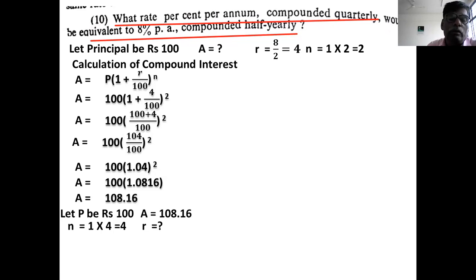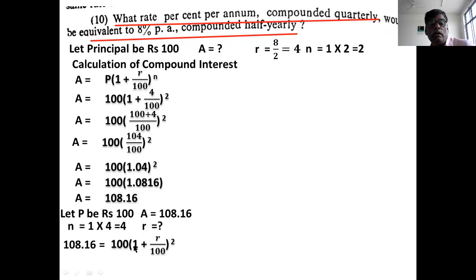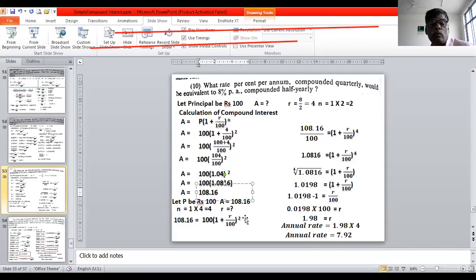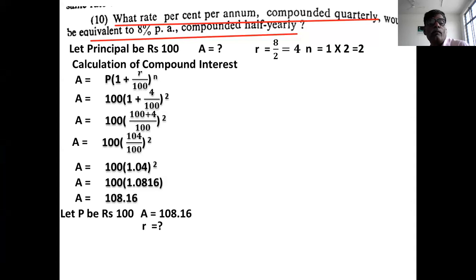So you apply the equation. A value is 108.16. P value is 100. In the bracket 1 plus R by 100 raised to 4, not 2. R is unknown.